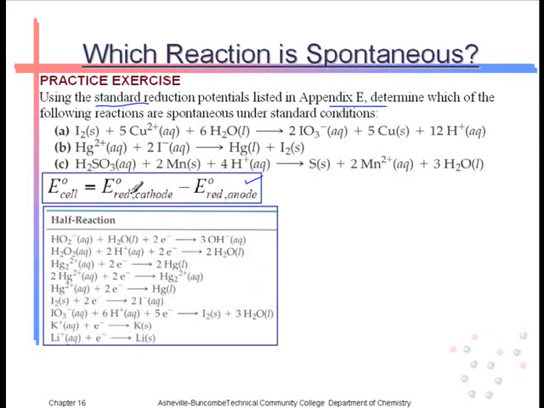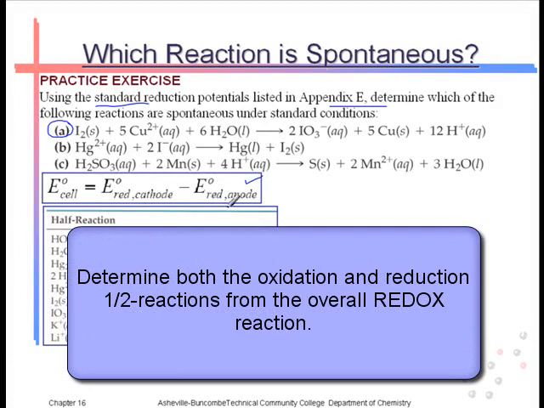Now, to figure out which is the cathode and which is the anode, and to pair it up with the half reactions in Appendix E, you have to take one of these equations, and I'm going to do this one specifically, and break it down into the oxidation and the reduction half reactions, so that you can more clearly see which reactions are happening at the cathode.